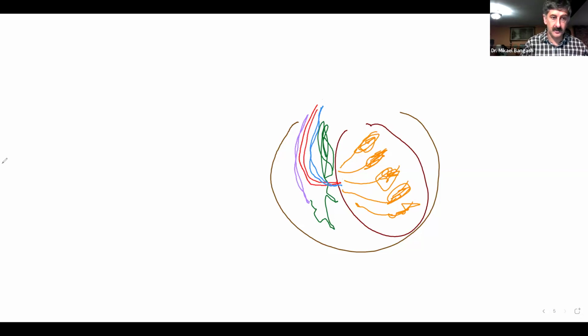Now these structures, where there is the testicular artery, the testicular vein, and the vas deferens, now need to leave the scrotum.